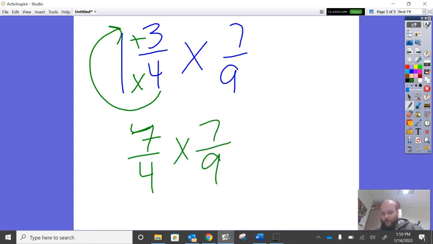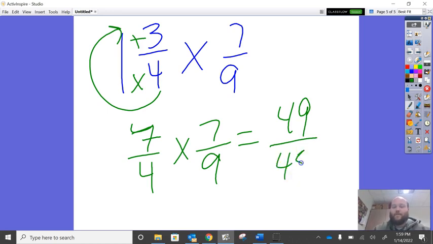Now, this one, notice I can't reduce here, so I've got to just multiply it the regular way. 7 times 7, 49, over 45. All right. Nope, I'm sorry, not 45. Wow, that is a brain fart and a half right there. 45 would be times 5. That's supposed to be 36.